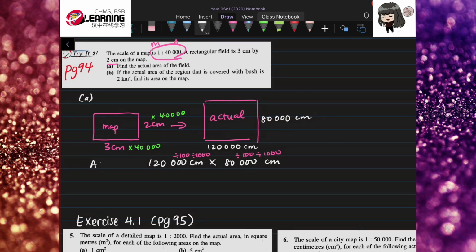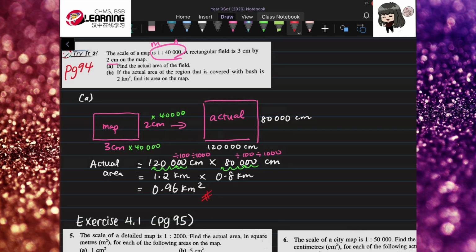So the actual area now is equals to 1.2 kilometer times 0.8 kilometer. I times both of them, I'll get 0.96 kilometer square.